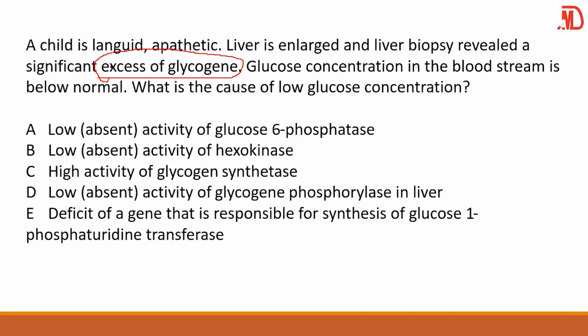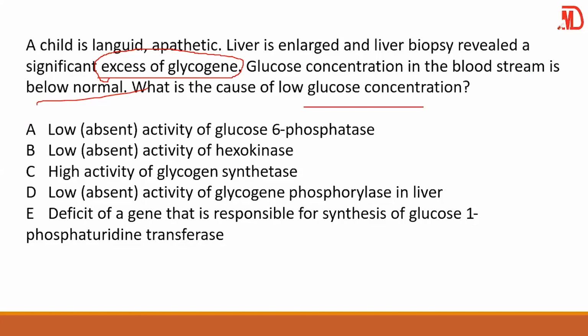I think we solved this at the beginning of biochemistry, where we talked about glycogen storage diseases. Now, they are saying that the glucose concentration in the bloodstream is below normal. What is the cause of this low glucose concentration? What is the reason?